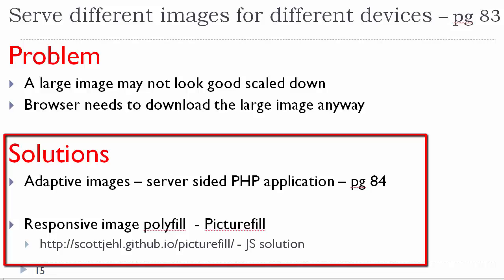There are several solutions that developers have come up with. Both of them require additional code. The first solution is called Adaptive Images, which requires some server-side PHP code. The next solution is using a polyfill. A very popular polyfill for this is Picturefill, and you can find out more about this at the URL below.